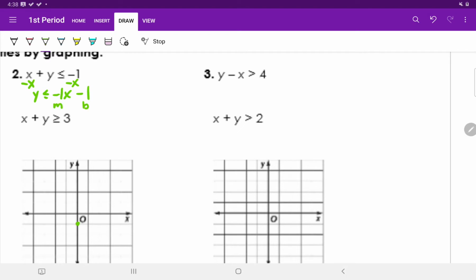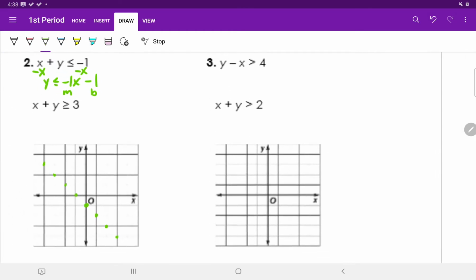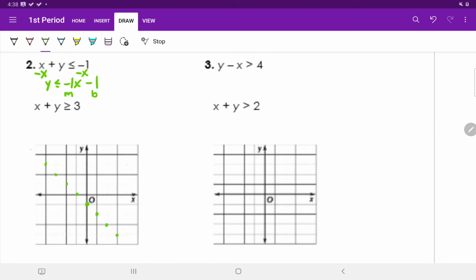That's going to go through this point here, and then our slope will take us down 1 and right 1. I'm going to continue the pattern in the other direction as well. Let's draw our line, which in this case will be a solid line. And shade below because it's a less than symbol.